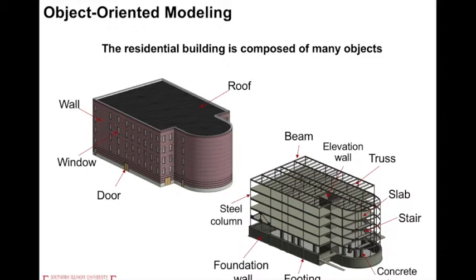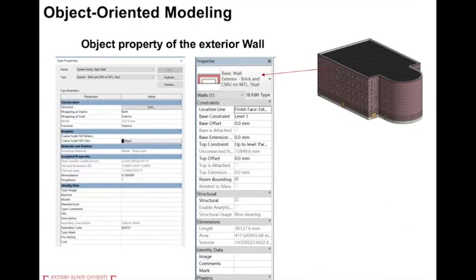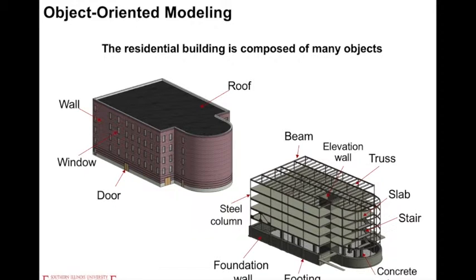Maybe that is too superficial, so let's go step by step into more details about this concept. This slide shows a residential building which is composed of many objects. The left picture shows the architecture components, and I just give you some examples like roof, wall, windows, and doors.